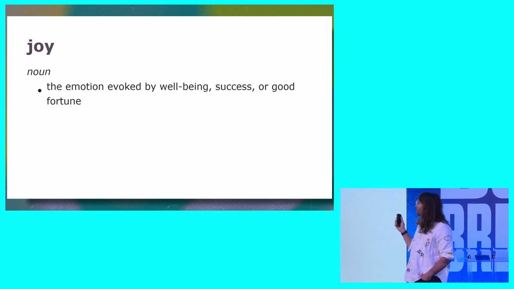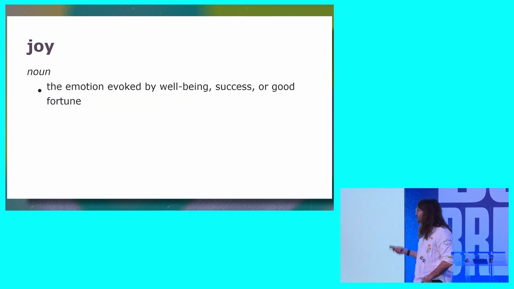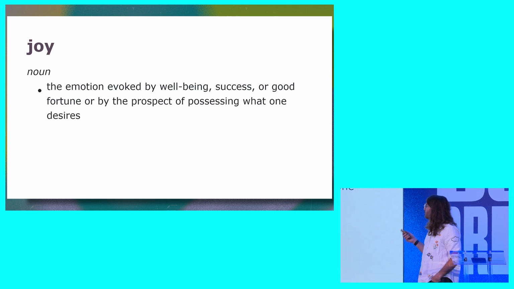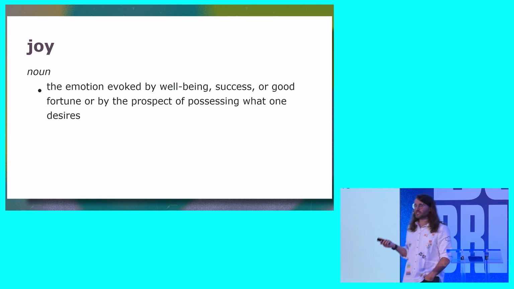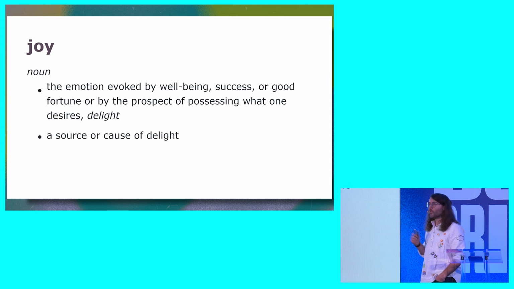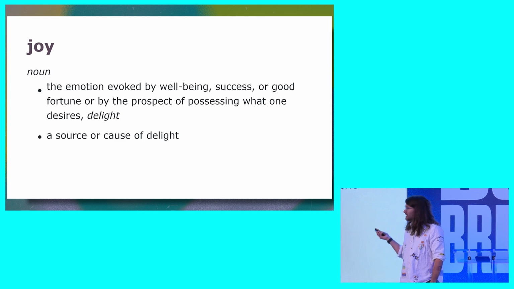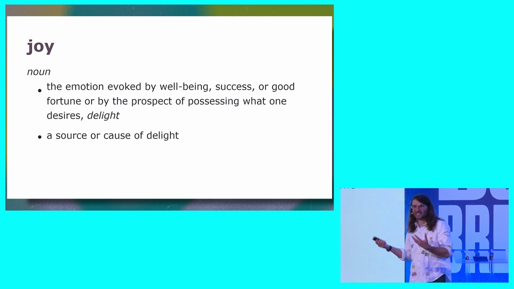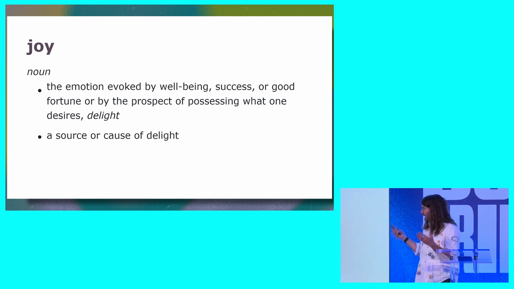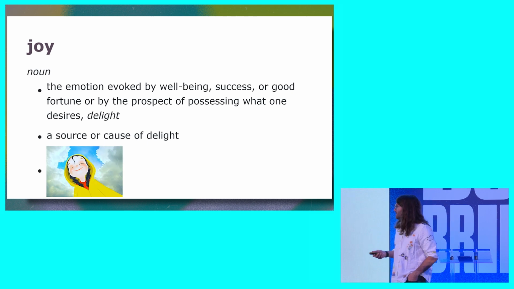Then there's also the emotion evoked by well-being, success, or good fortune, or by the prospect of possessing what one desires: delight. Or maybe even more relevant for developer tooling, a source or cause of delight. This is the kind of joy that I think Stellar's tooling evokes.